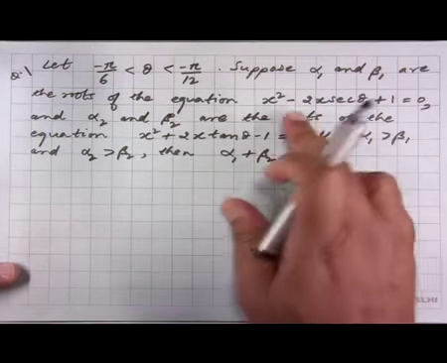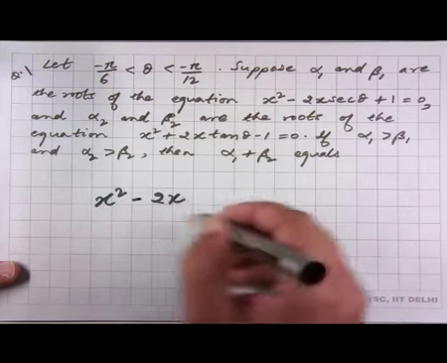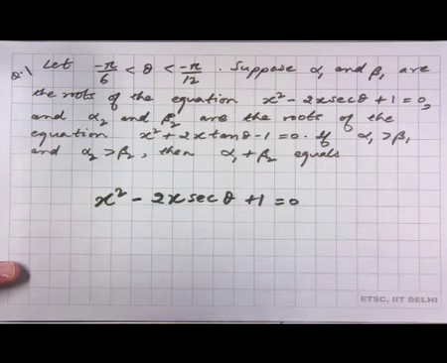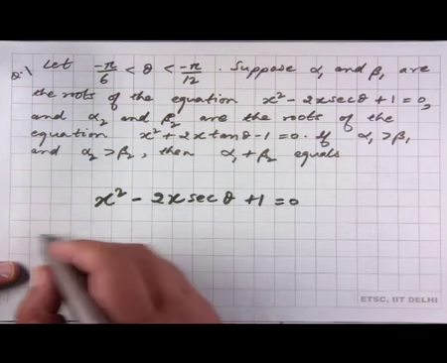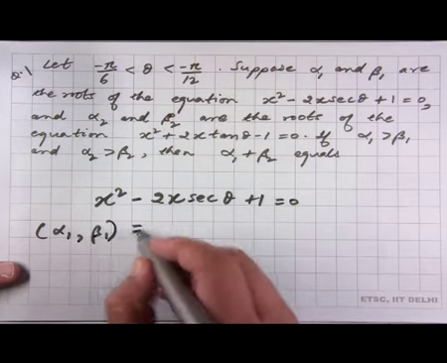So, we start off with the first quadratic equation, which is x square minus 2x secant theta plus 1 equals 0. The two roots are alpha 1 and beta 1.